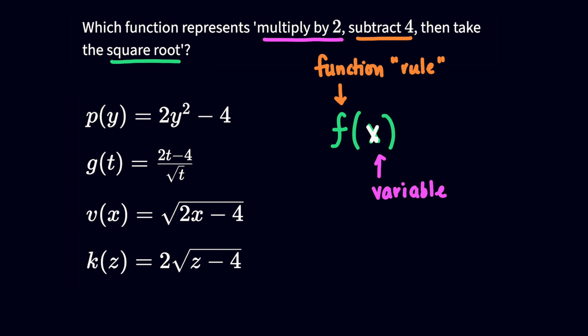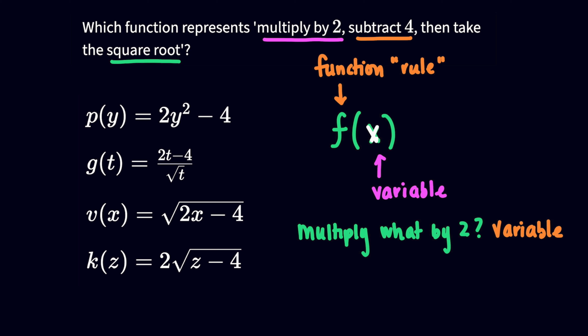So let's start. The first thing that they say to start off this rule or this function is we want to multiply by 2. But the question is, multiply what by 2? Who are we bossing around? Yeah, the variable. So we're going to bring that variable on in.